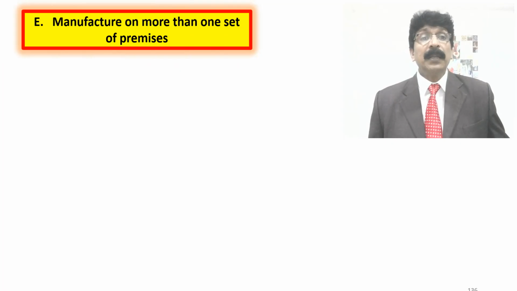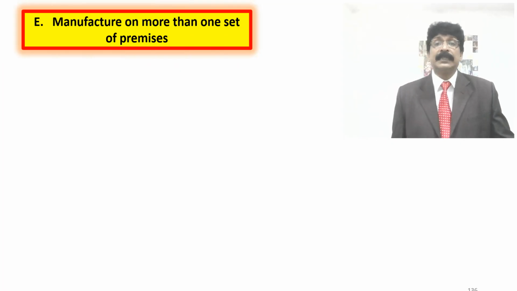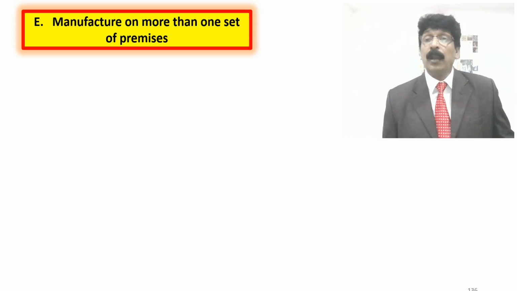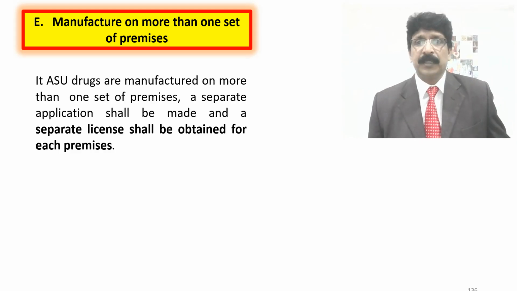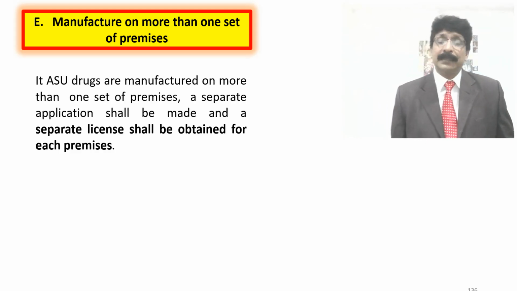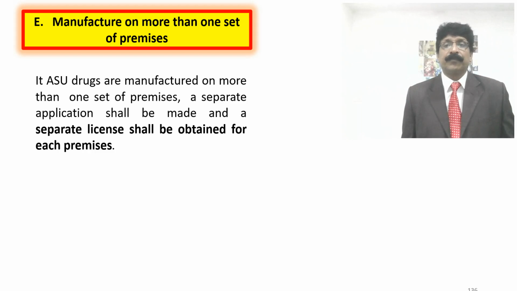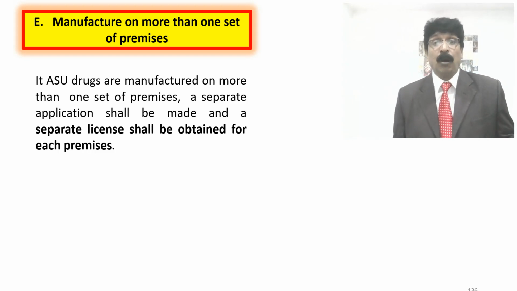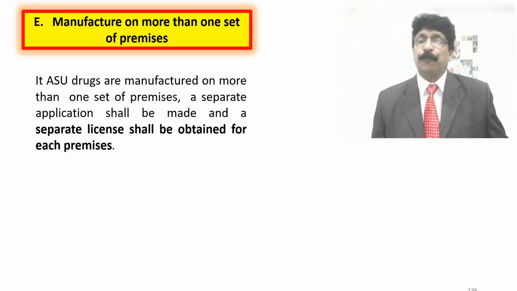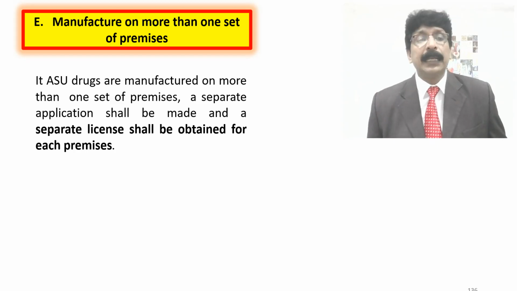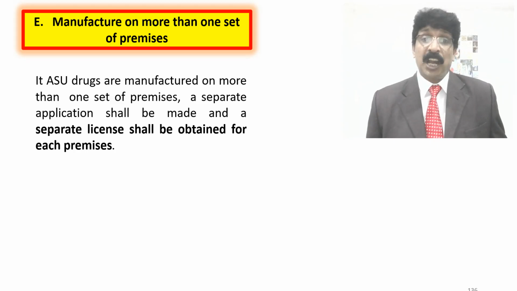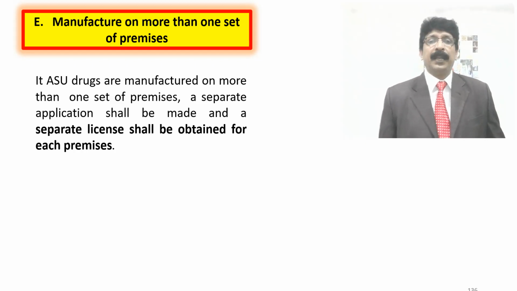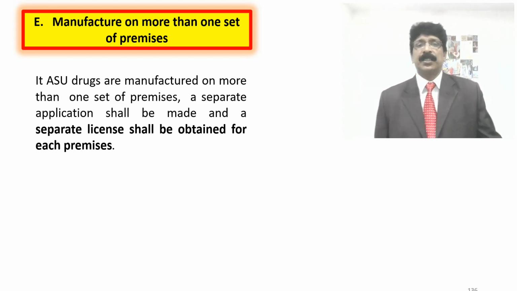Number 3, suppose the manufacturer is manufacturing on more than one set of premises, the Ayurveda, Siddha, Unani drugs being manufactured in more than one set of premises, a separate application shall be made and a separate license shall be obtained for each premises.